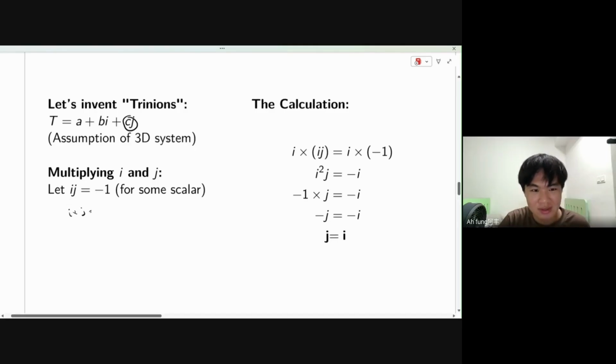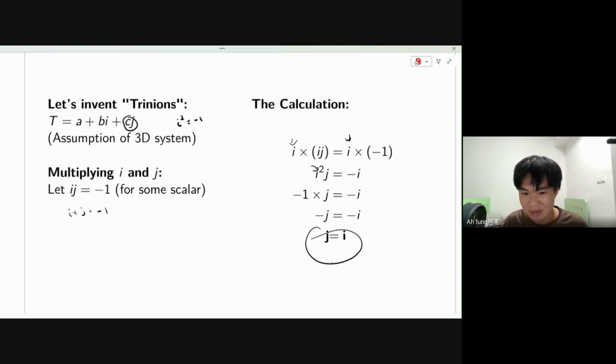We know in 2D, we can define i squared is -1. But what if we define ij is -1 also? We multiply both sides by i, and we get i squared j is equal to -i. And we multiply by -1 on both sides, we get j is equal to i.